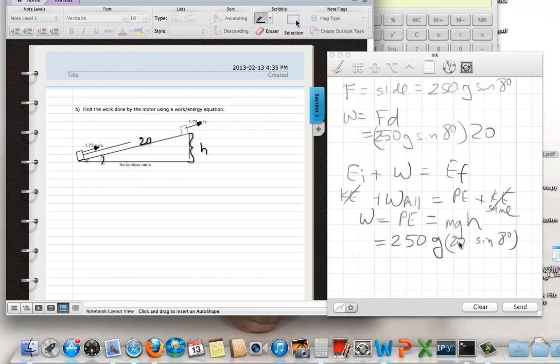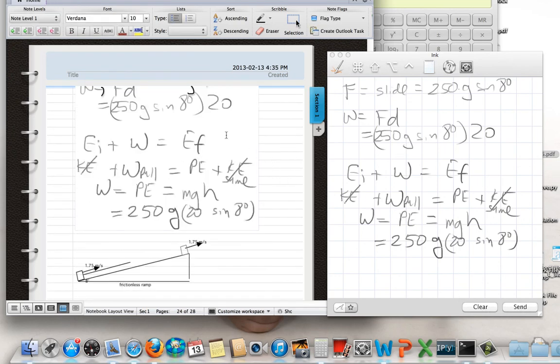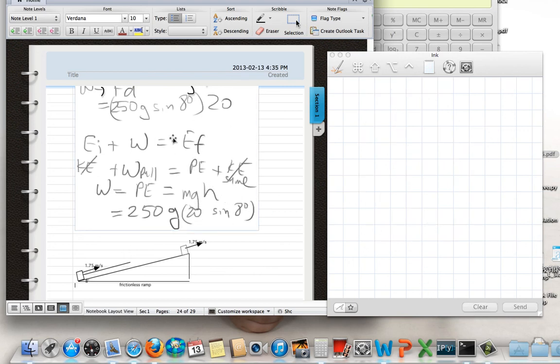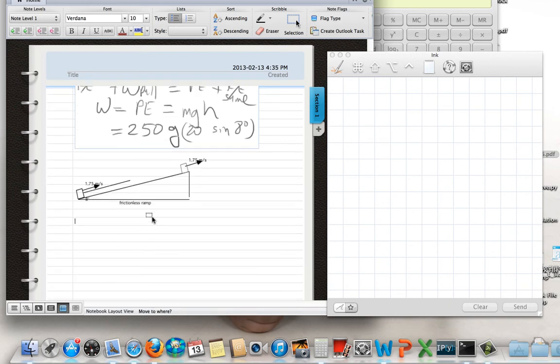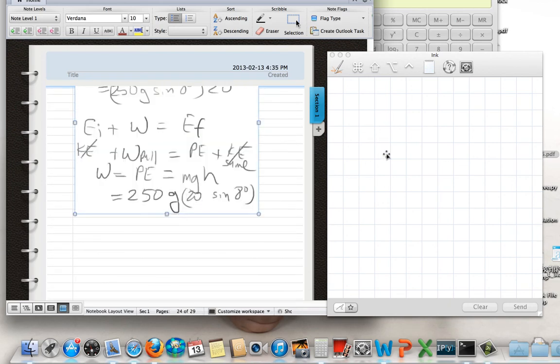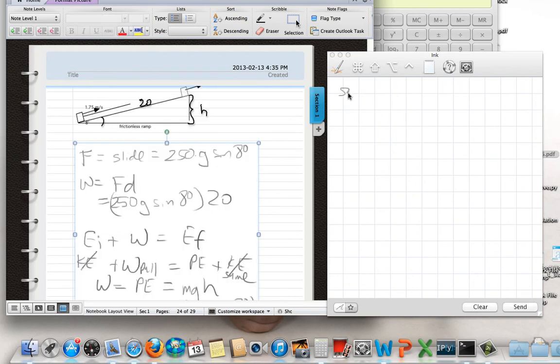Now, if you compare this expression with this expression here, you will see that they are the same. And that is, of course, what we wanted to show. You get exactly the same result solving the problem using force analysis that you did using energy analysis. Same answer both ways.